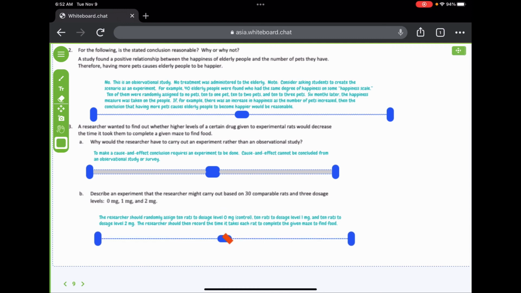Well, the researcher should randomly assign 10 rats to dosage level of 0 milligrams, the control. That's the, hey, we're not giving anybody anything. This is just a general population of rats. 10 rats to the dosage level 1 milligram, and 10 rats to the dosage level 2 milligrams. The researcher should then record the times it takes each rat to complete that given maze to find the food.